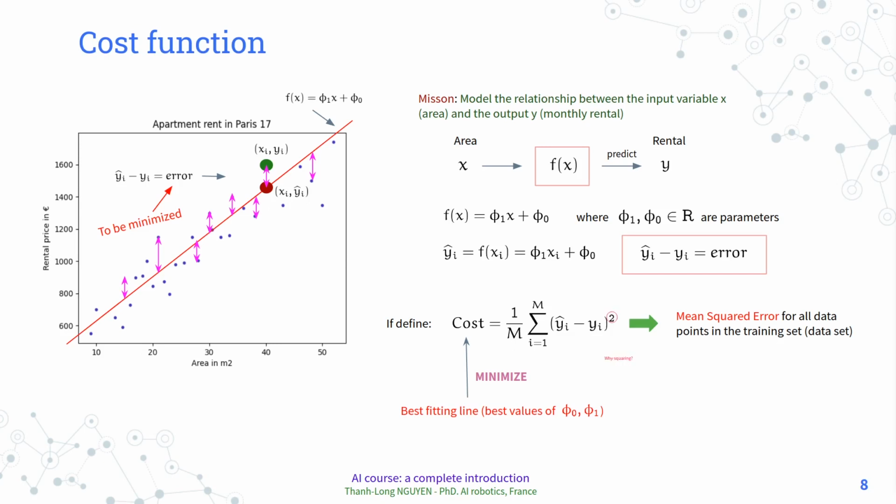For some of you who may ask why we have to square the errors like this, let's look at the difference of yi and y hat i. This may be positive or negative, and if it is a negative value, that will not make sense when we want to minimize the errors. So that's why we square the errors like this. Of course, there must be other reasons for doing that, but I'd like to encourage you to search it on the internet by yourself. Okay, this is the idea of linear regression.